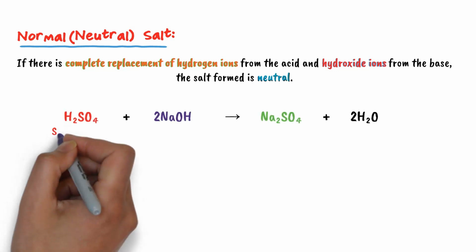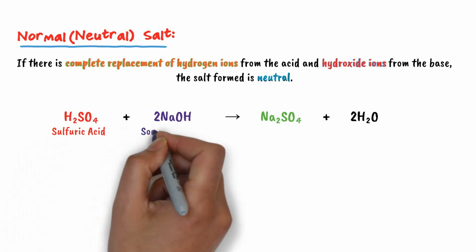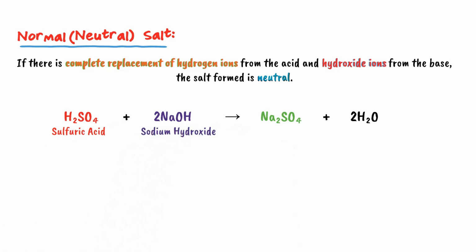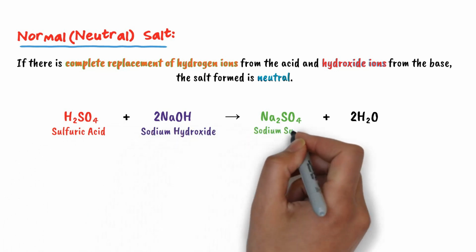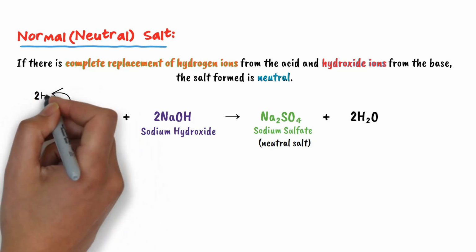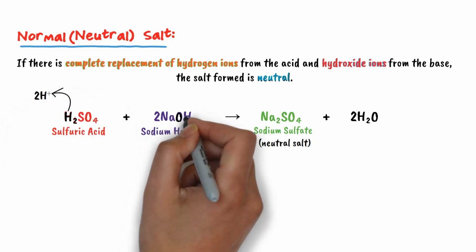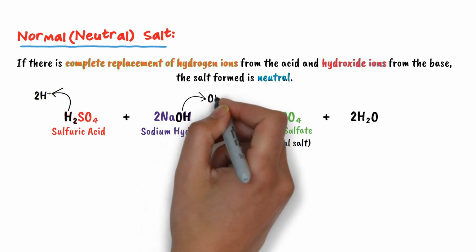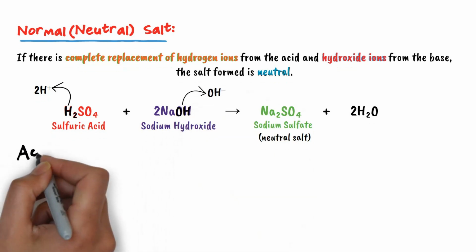For example, when sulfuric acid reacts with sodium hydroxide, the product is sodium sulfate, a neutral salt, because both the hydrogen ions and hydroxide ions are completely replaced.